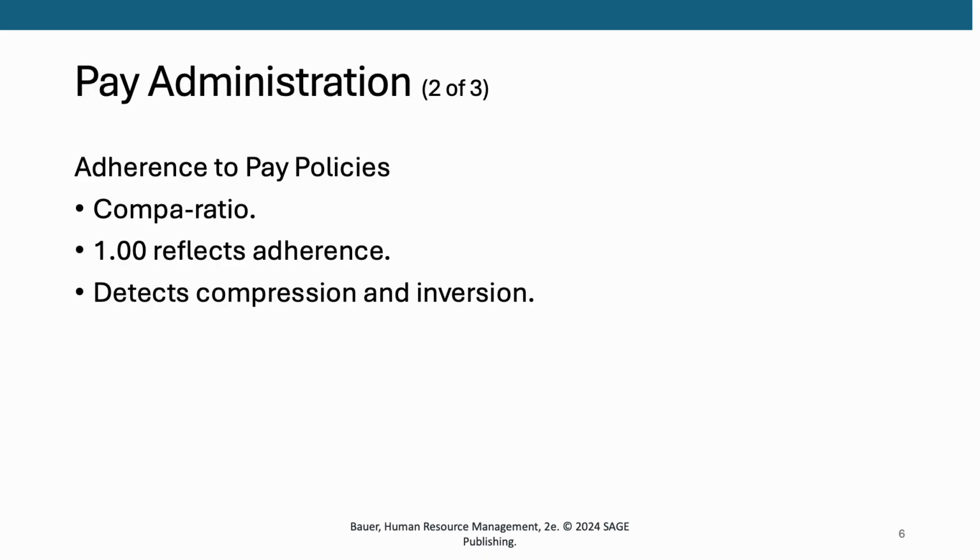Higher compa ratios mean they're way above the pay midpoint, and below 1, between 0 and 1, would be below that midpoint. Obviously, we can look at those compa ratios to give us a determination if compression and inversion is going on.